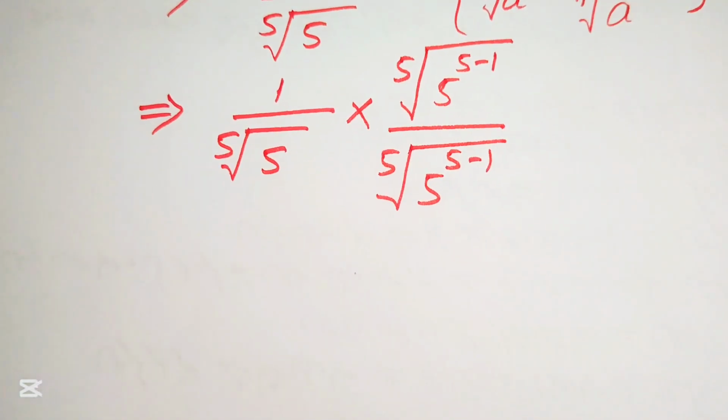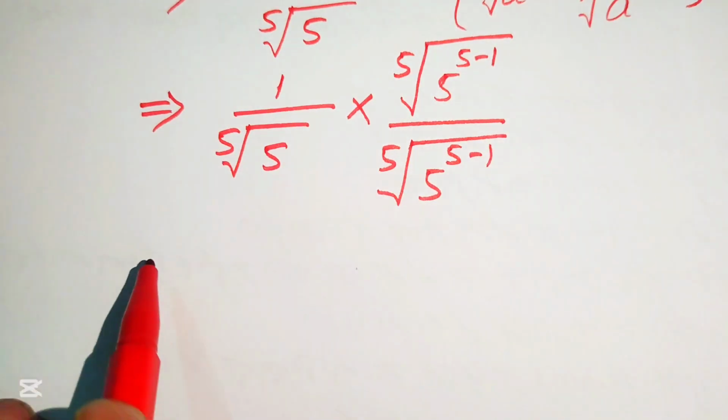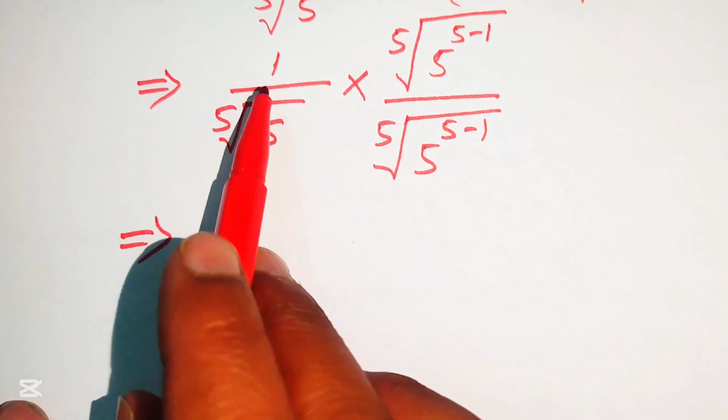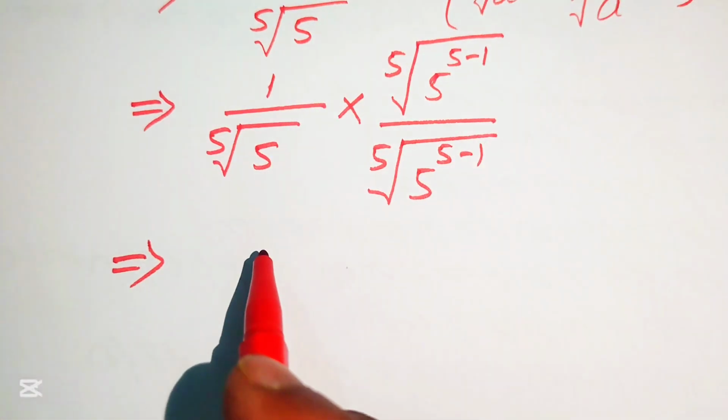Now in the next step we multiply the numerator with the numerator and the denominator with the denominator.